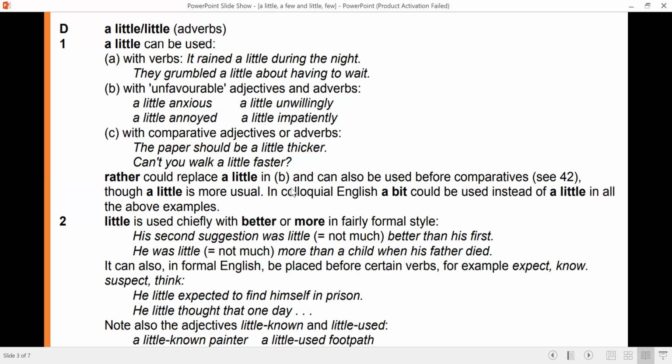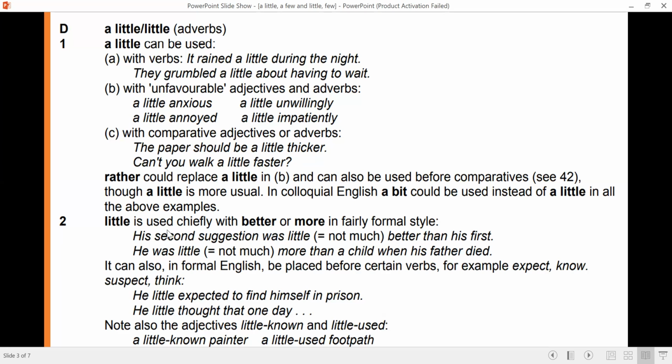So especially in case number B, you can replace a little with rather. Though a little is more usual in colloquial English, a bit could be used instead of a little in all the above examples. If you are speaking in colloquial English, in conversation, you can use a bit instead of a little.